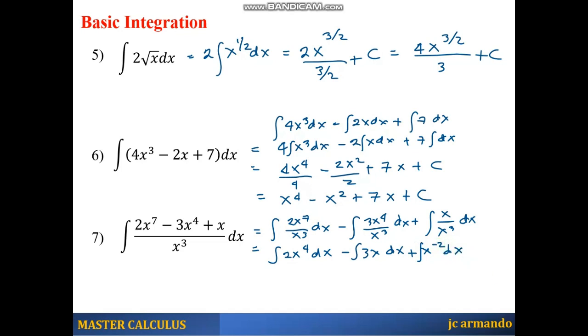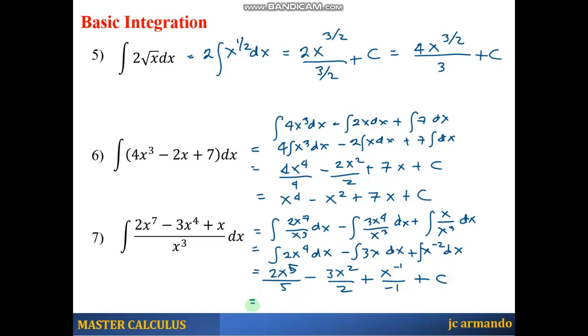Okay? So, 2x to the 4th dx minus 3x to the 4 minus 3, 1 dx plus 1 minus 3, negative 2. So, we have 2x to the 4 plus 1, so 5 over 5 minus 3x to the 1 plus 1, 2 over 2 plus x to the negative 2 plus 1, negative 1 over negative 1 plus c.